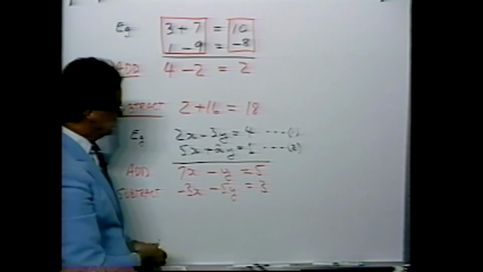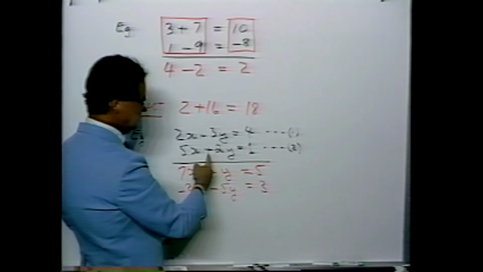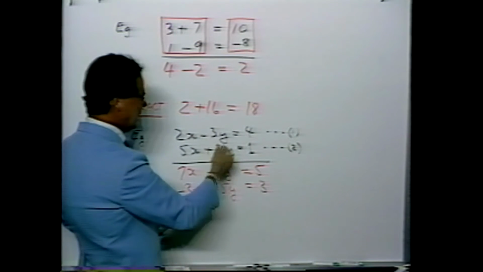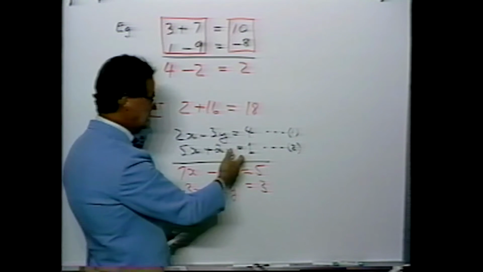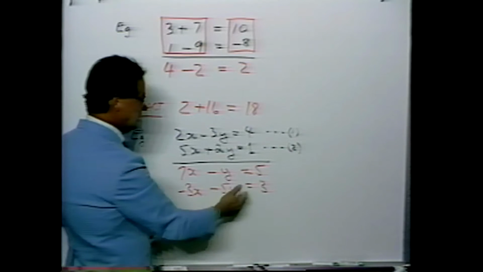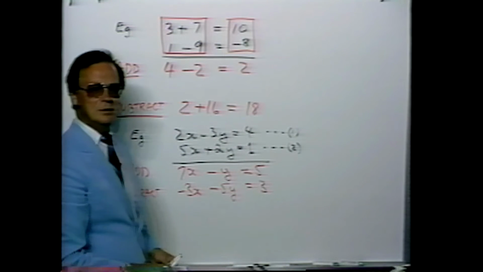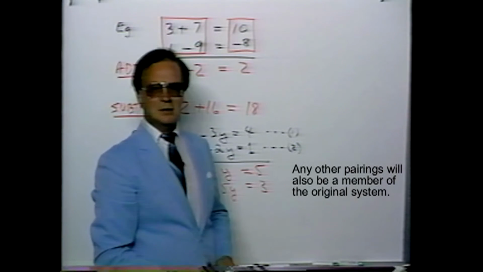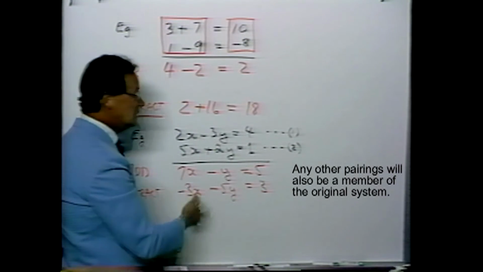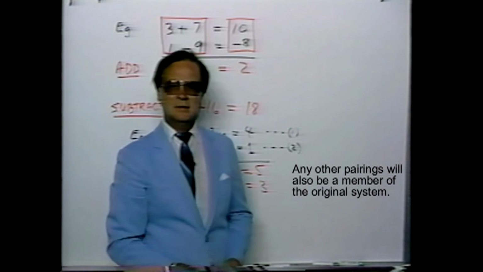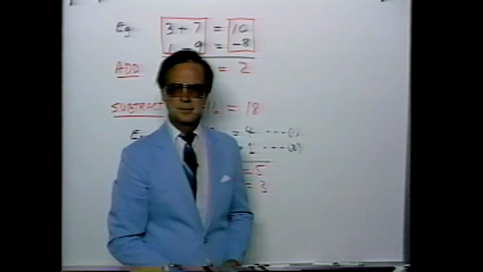In fact, the solution to the system in black will produce the same answers for x and y as the solution to the system in red. And that should be expected, since all of these equations belong to the same system and naturally must yield the same roots.